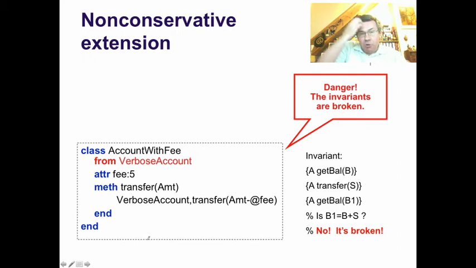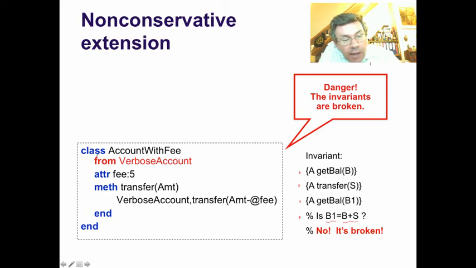Now, let me show you why account with fee is in fact a very bad definition. In fact, it's a non-conservative extension. It does not respect the substitution principle. And the reason is that it breaks invariance. In the original account, if I transfer 100 and then I do a get balance, 100 appears in the account. So I get the balance, I transfer, I get the balance again, and in the original account, the new value will be the old value plus what I transferred.